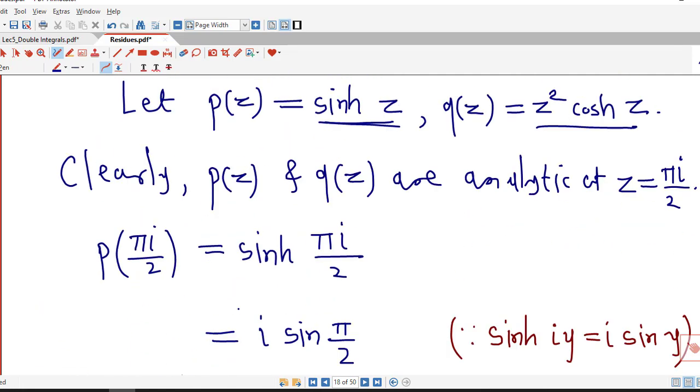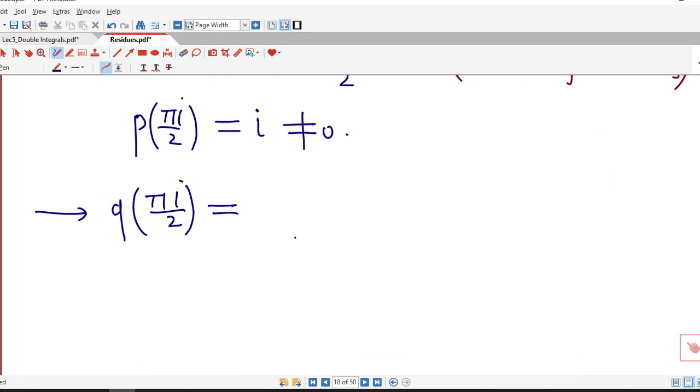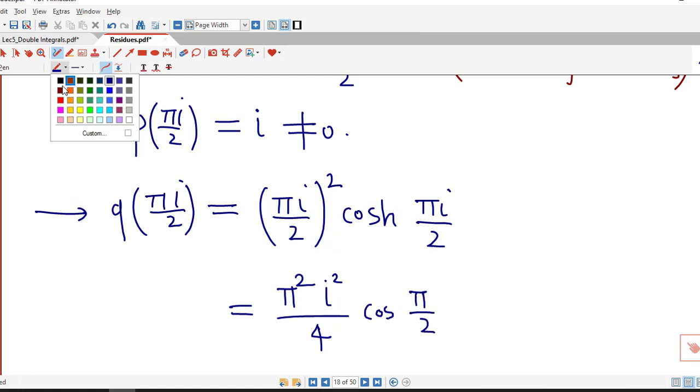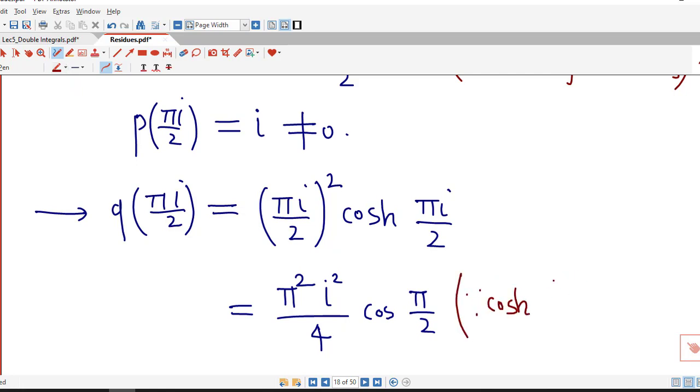So function q is nothing but z square cos hyperbolic z. So we put z equal to pi i by 2: z square, that is (pi i by 2) square, cos hyperbolic pi i by 2. So this is going to be pi square i square divided by 4, and here we have cos pi by 2, because we know this relationship between hyperbolic cosine and trigonometric cosine.